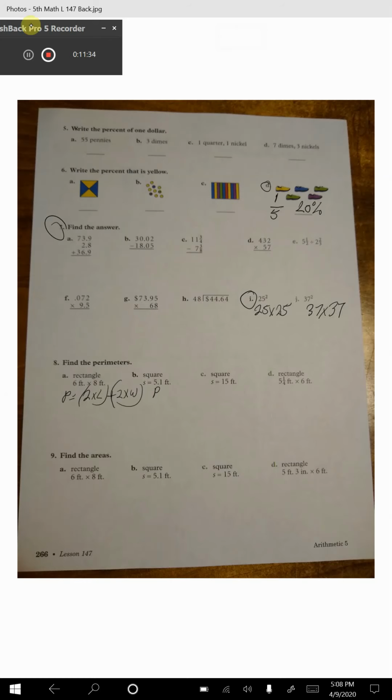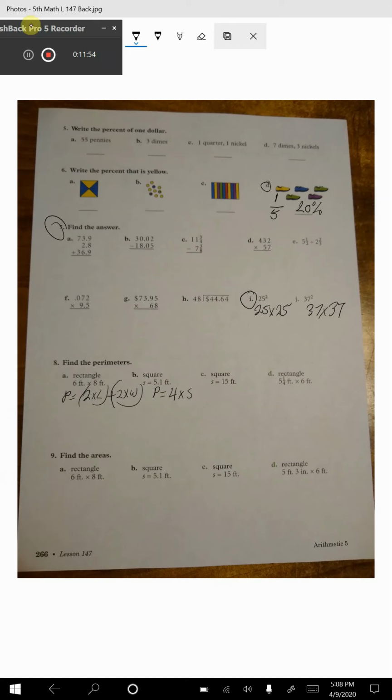Perimeter of a square is just 4 times all the sides. Times sides. Okay, that'll work for the other two also.